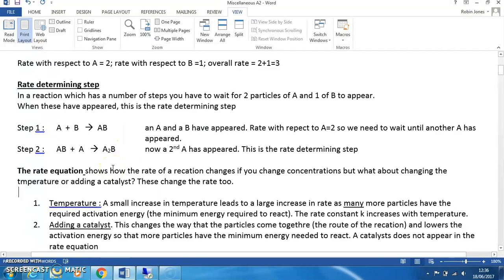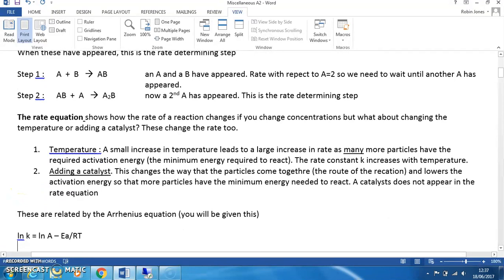The rate equation shows how the rate of a reaction changes if you change concentrations. However, the rate of a reaction also changes with things like temperature and adding a catalyst.